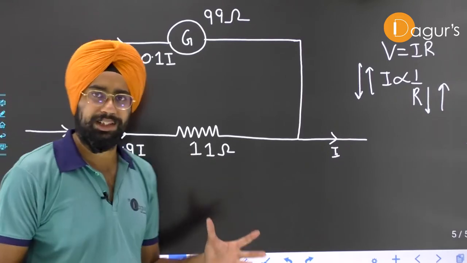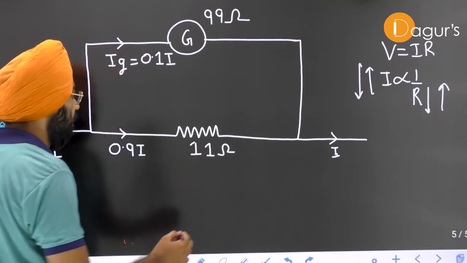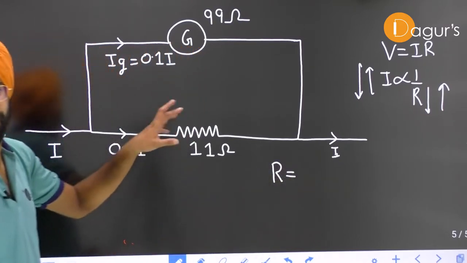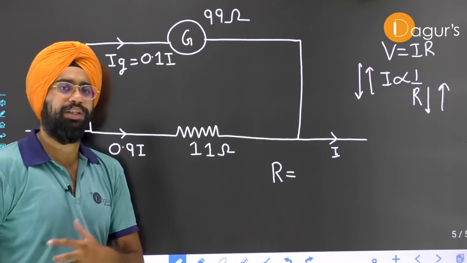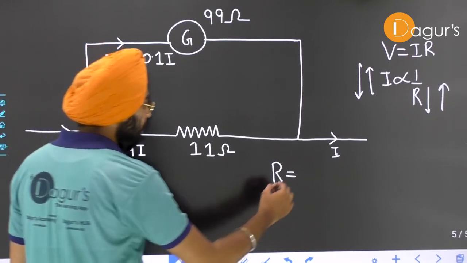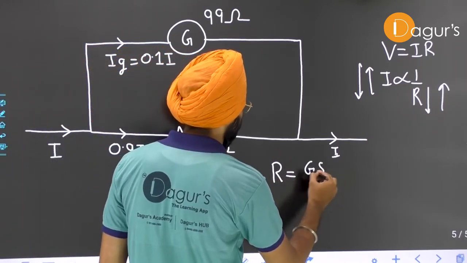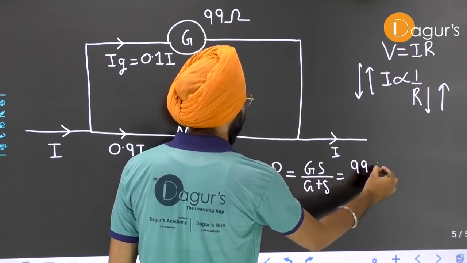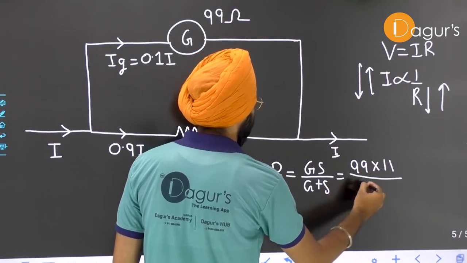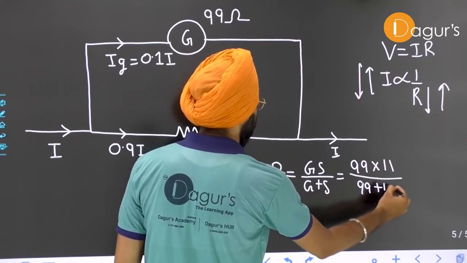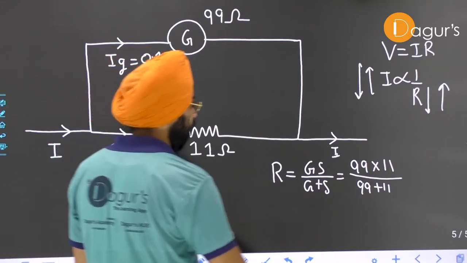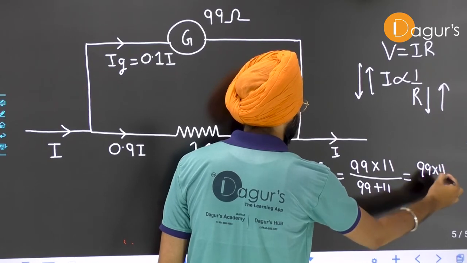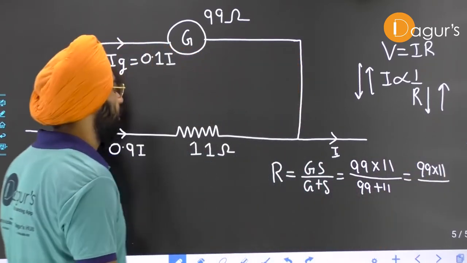Now, see what is the resistance of the complete ammeter. These two are in parallel, and we know the parallel combination is R1 R2 upon R1 plus R2. So, here it becomes GS upon G plus S. Now, G is 99 ohm, S is 11 ohm, so this is 99 into 11 upon 99 plus 11.